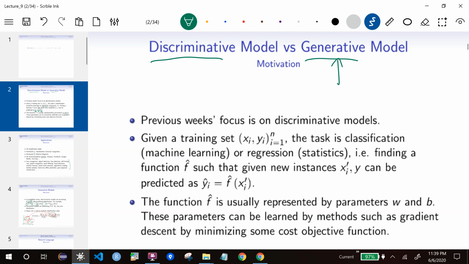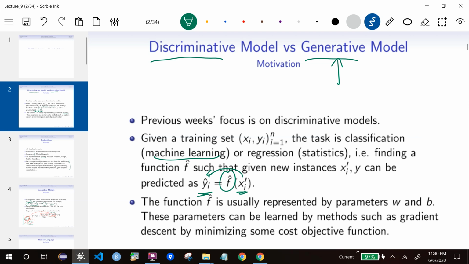So let me first recap what a discriminative model is. Basically we have some features and we have some labels. We're going to find some function that can transform these features into the labels. If the labels are discrete, then we are focusing on classification problems.